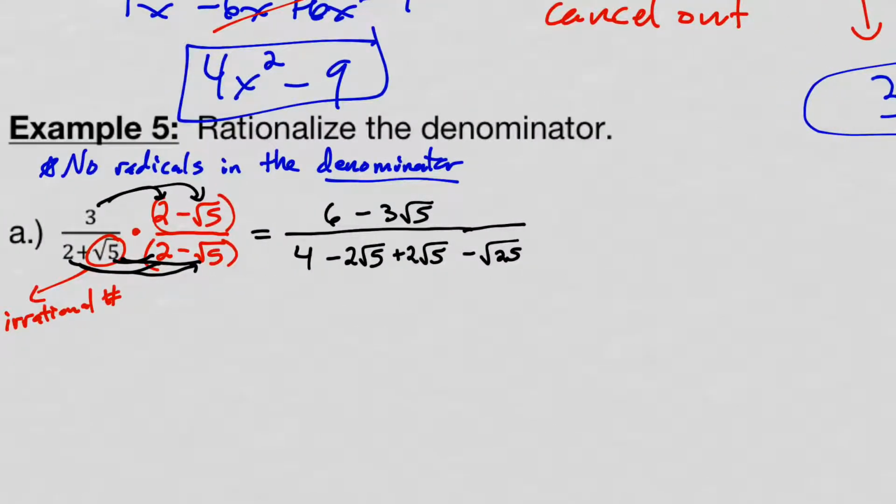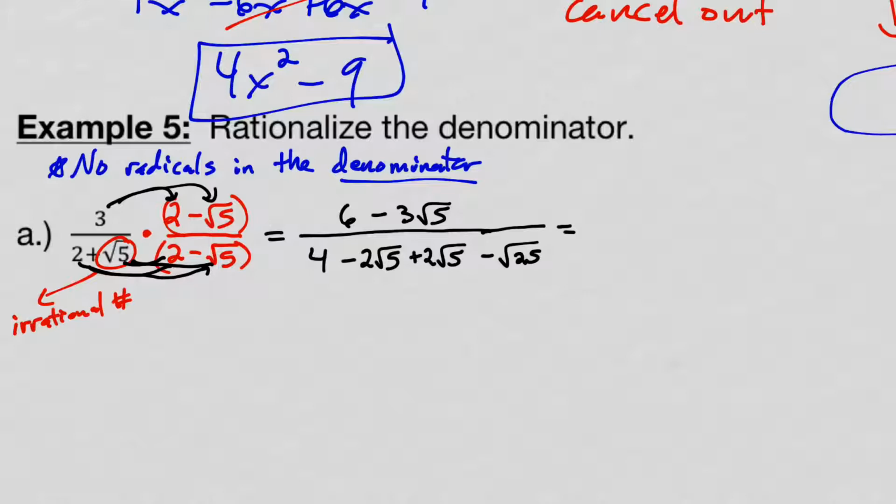So the top is pretty much simplified. It's the bottom we got to worry about. So remember, the whole point of doing conjugates is that my radicals disappear in the middle, and this radical is going to disappear from the end here. Okay, because we know that's a 5. So basically we have 4 minus 5, and there's the radicals completely gone from the bottom.